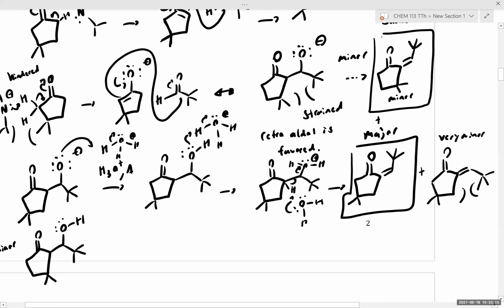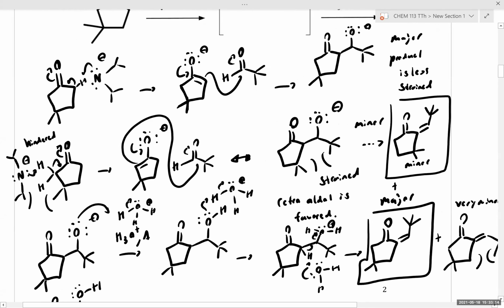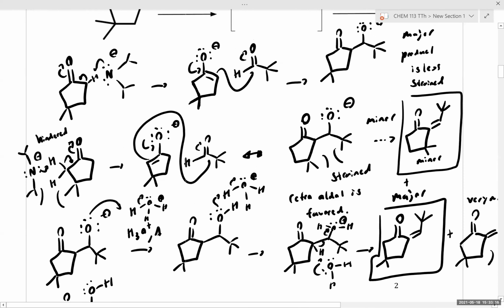And that's because if we think about this aldol reaction, first, the major product, this initial aldol reaction, generates a less strained aldol product. And as a result, the retroaldol doesn't occur as readily for the major product.